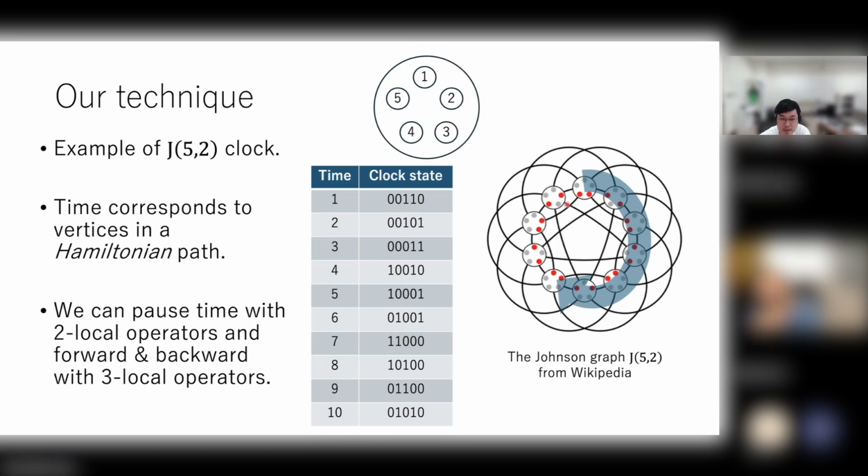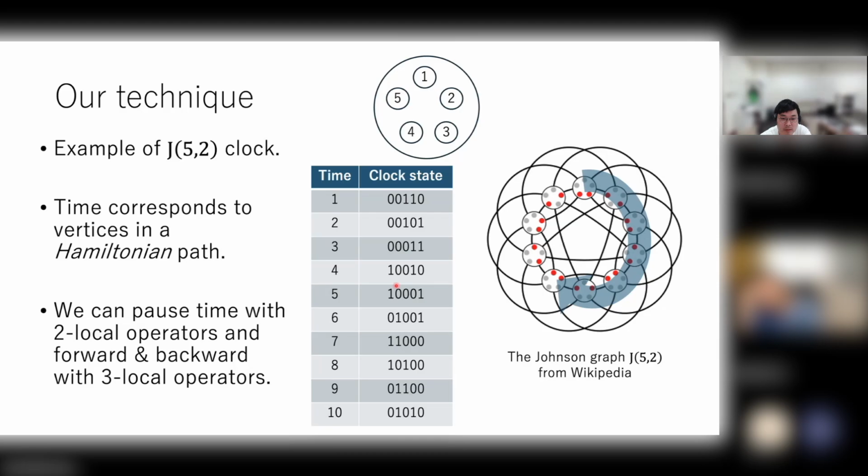The time of the clock corresponds to vertices on the Hamiltonian path of the Johnson graph.